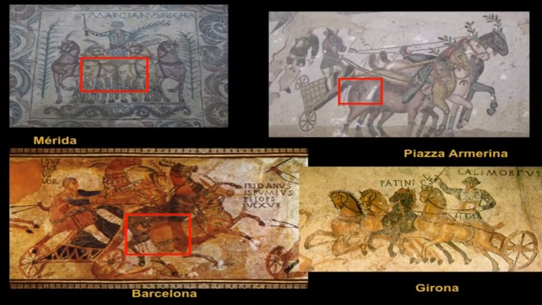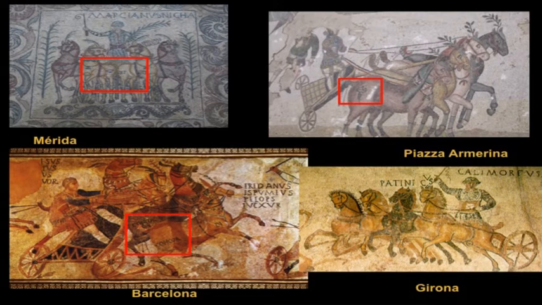One final issue to consider is that of the naming of not only the charioteers on some of the mosaics, but also the horses. On the Girona mosaic, the charioteers and the lead horse of the chariot is named, and on the Barcelona mosaic, all 4 horses in each team are named.